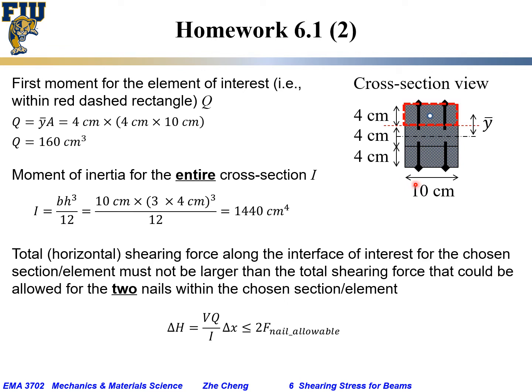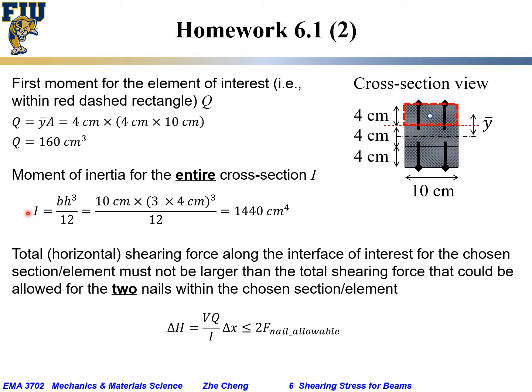The B would be parallel to the bending moment, and that value would be 10, the width here, while H would be from here to here, which is 4 centimeter times 3. Okay, and we plug the number in, we would get the value to be 1440 centimeter to the power of 4.